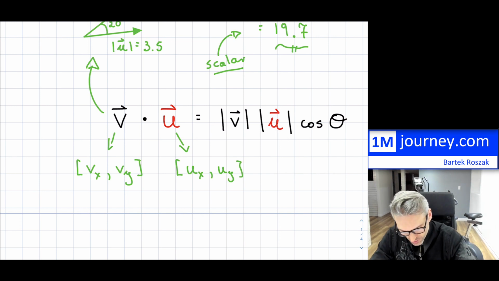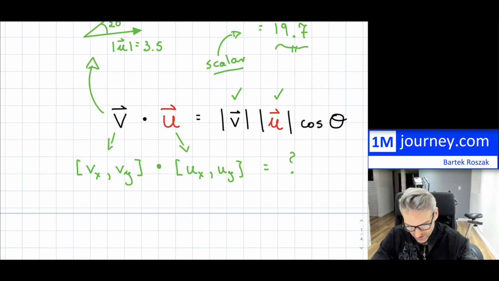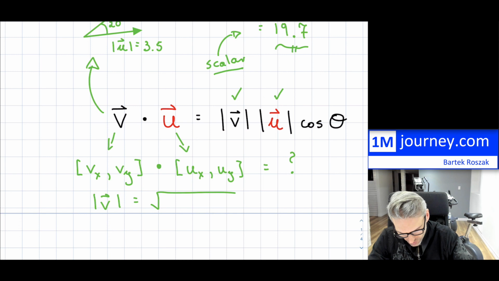And now if I put a dot product in between this V and this U, then what is the actual dot product? Sure, I can find the magnitudes very easily. We know that the magnitude of any vector, for example the magnitude of V, if I know what its components are, is simply the square root of Vx squared plus Vy squared.